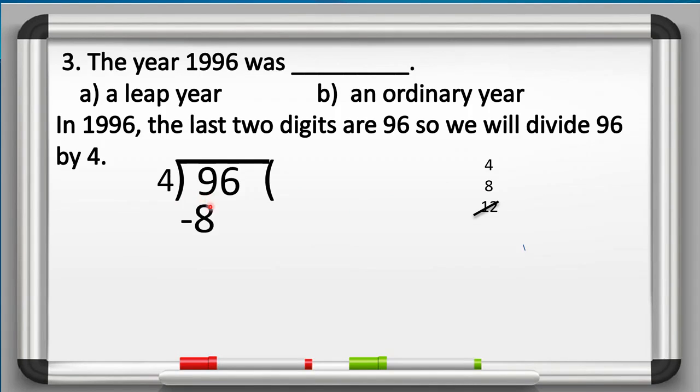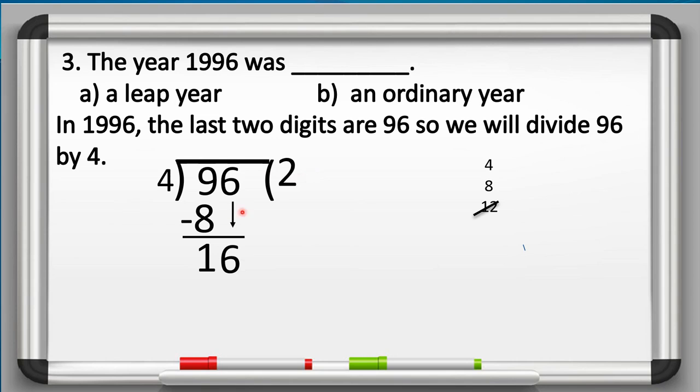Okay, and at which place does 8 come? 2. So here we will write 2 at the quotient place. Now we will subtract. 9 minus 8 is equal to 1. So here we will write 1. Now we will take the 6 down, like this. Now the number is 16 and we know that 16 comes in the table of 4 at number 4.